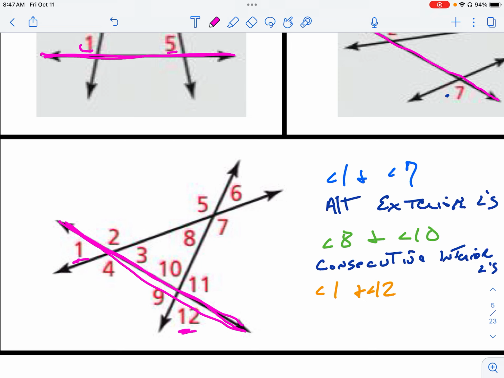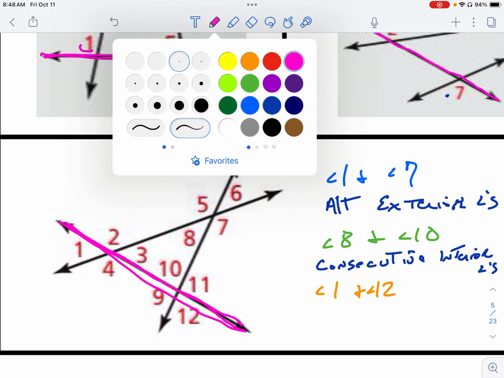So it can't be alternate. So it's either corresponding or consecutive interior. Well, they're not looking at each other. We can't make a goalpost. So they're not consecutive interior, but one is above the line and one is below the line. So they are not corresponding either.